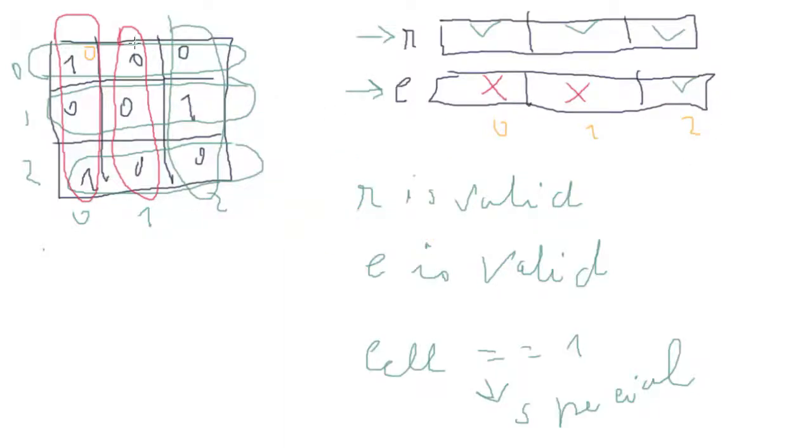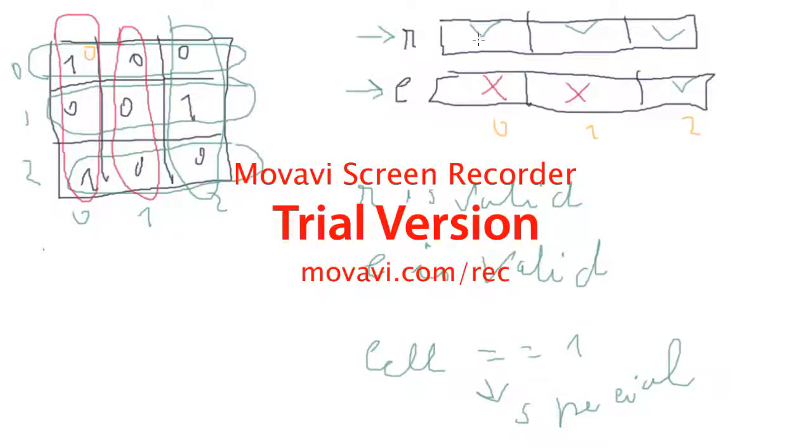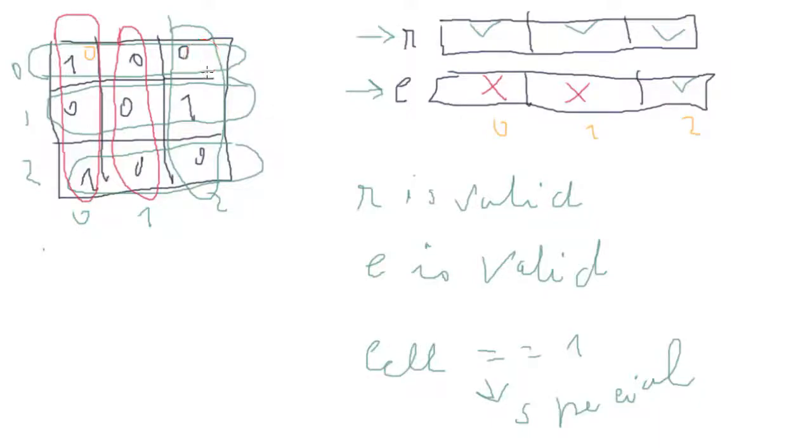Next we move to this cell and we see that row 0 is valid, but column 1 is not. So this cannot be a special position. We move forward and we see here both row and column are valid.